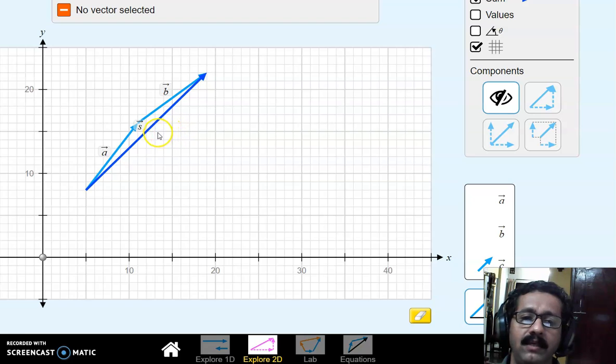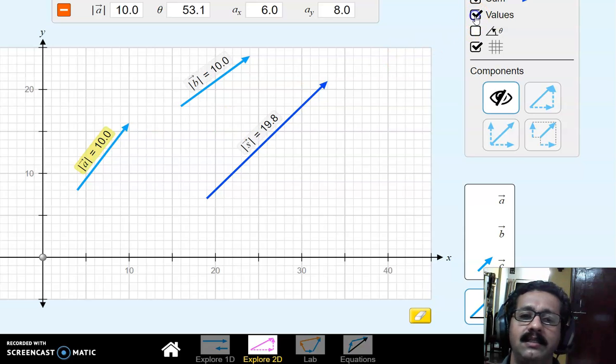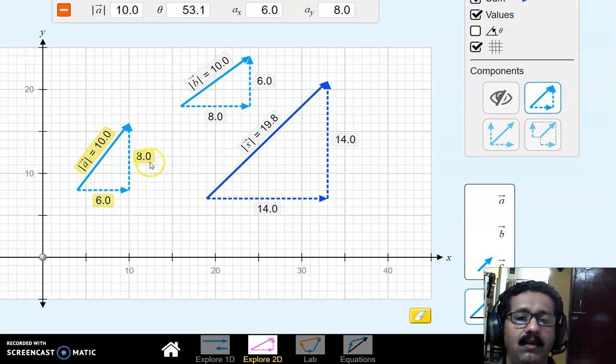If you even try to find what the values of vectors a and b are, I'll just make them separate. For vector a, its magnitude is 10 units, and its x and y components are: vector ax is 6 units, vector ay is 8 units.